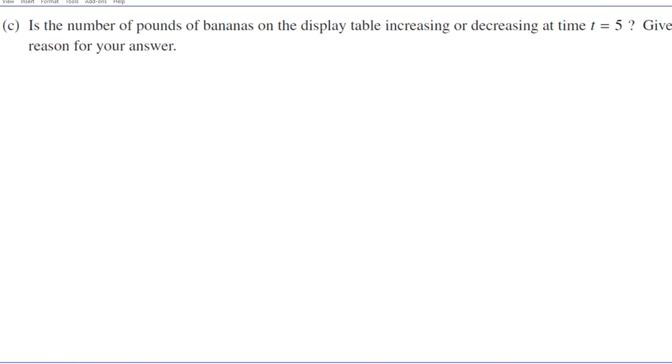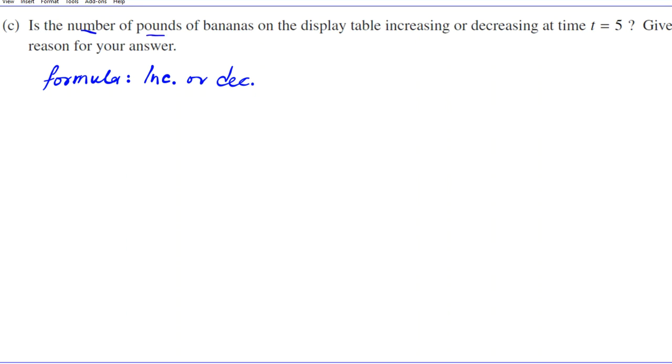All right, let's take a look at 2C. It says, is the number of pounds of bananas on the display table increasing or decreasing at t equals 5? Give a reason. So, oh, we have to give a reason here for our answer. All right, so let's go ahead and write down the formula for this problem. Formula is for increasing or decreasing. This is rate of change. Increasing or decreasing what?